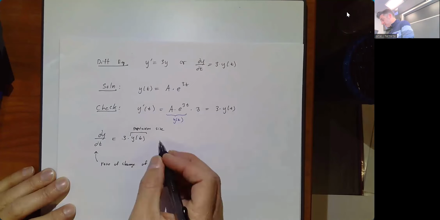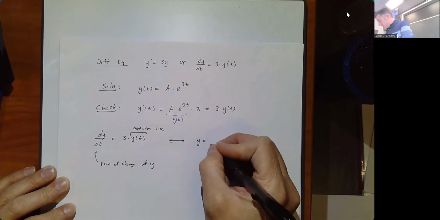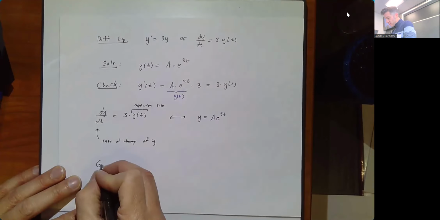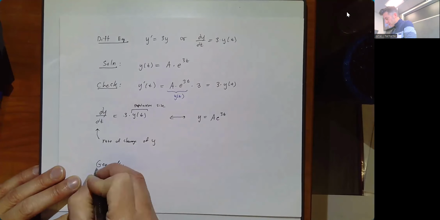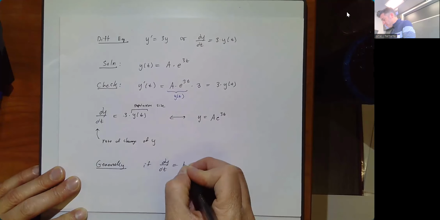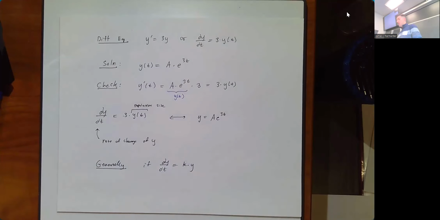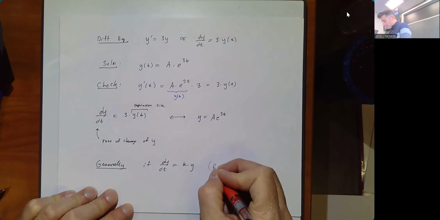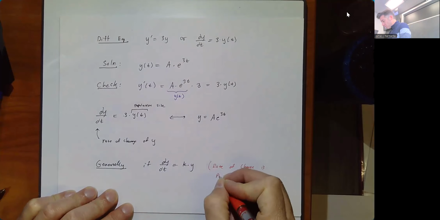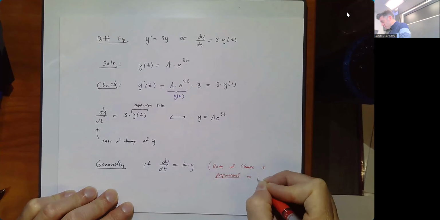So when you see this, this exactly corresponds to y equal to, in this case, a e to the 3t. Or more generally, if dy/dt is a multiple of y, the words you will often see here are: the rate of change is proportional to the population.